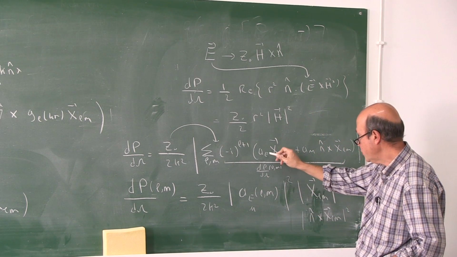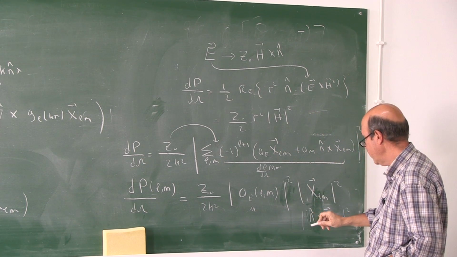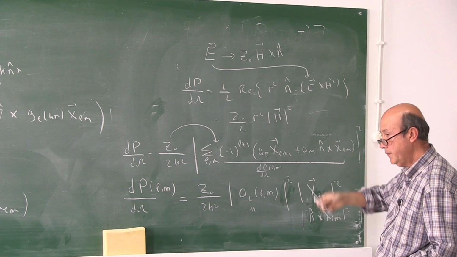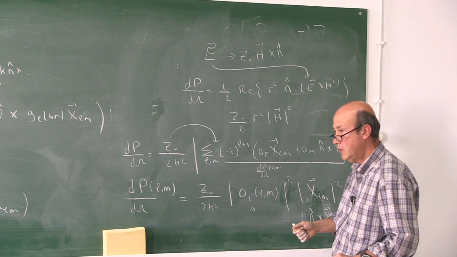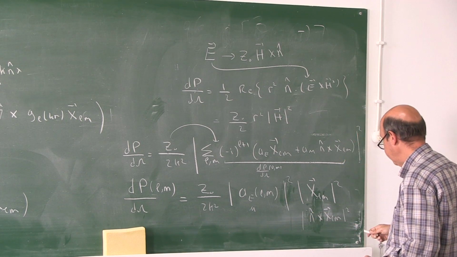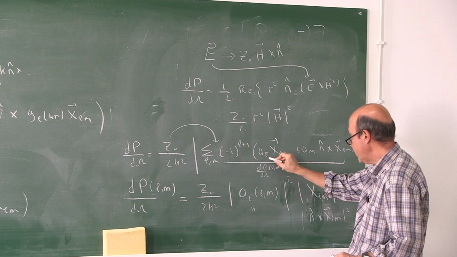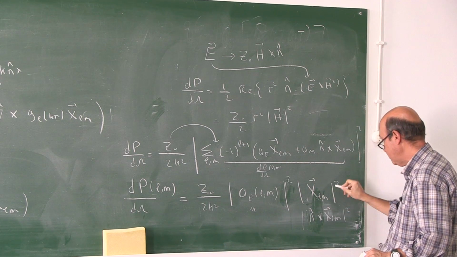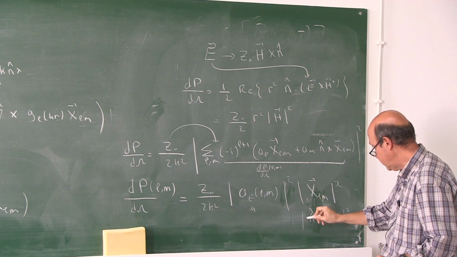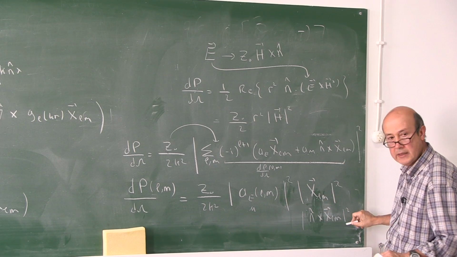You have the choice of A sub E or A sub M. One has the property of the transverse electric field, the other has the property of the transverse magnetic field. If you choose A sub E, that should be x Lm square. If you choose AM, that should be what? N cross x Lm.